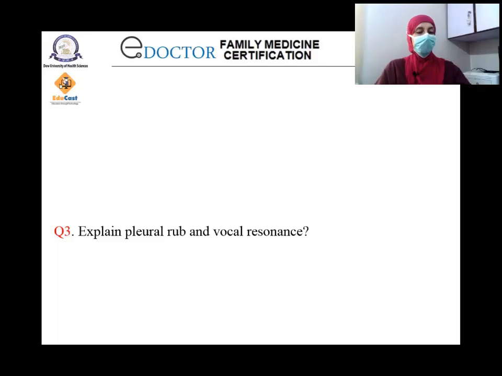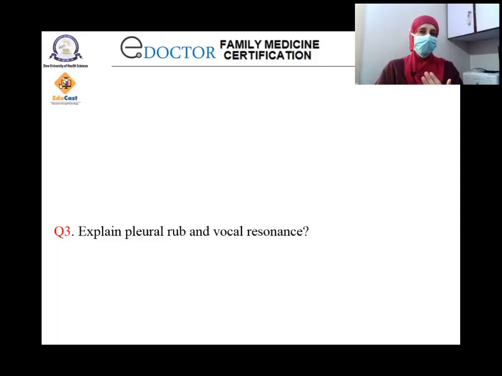Now if I go literally into what vocal resonance is, the first thing that we should know is that vocal resonance is appreciated by auscultation, and this basically assesses the density of the lung tissue, which is done by auscultating the chest and asking the patient to speak at the same time.